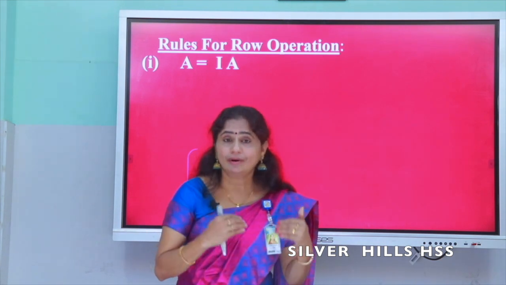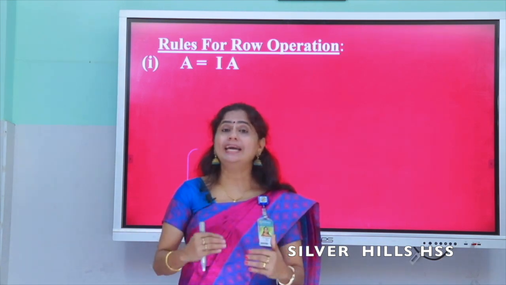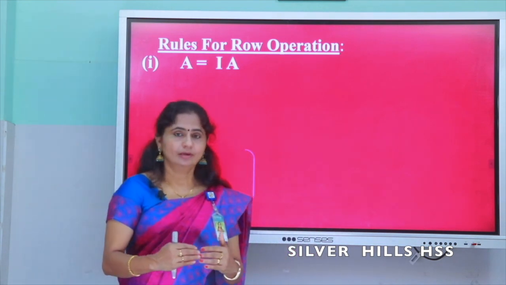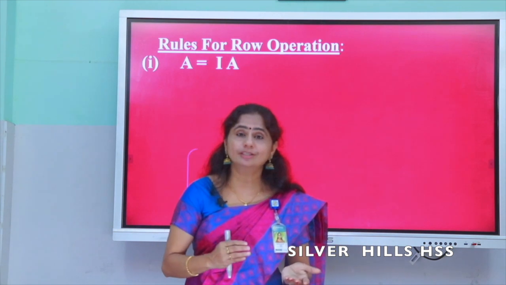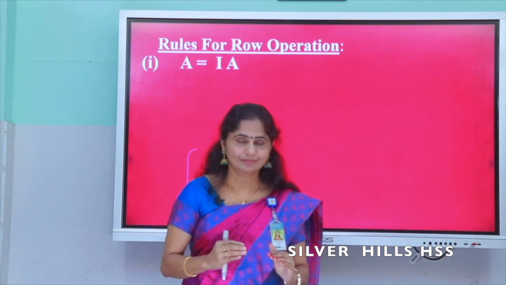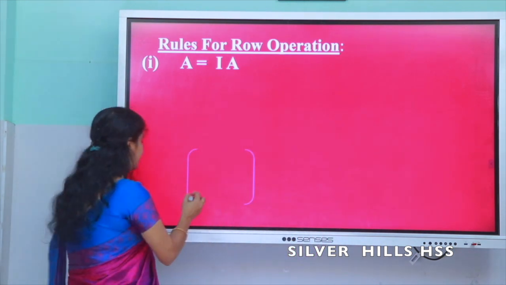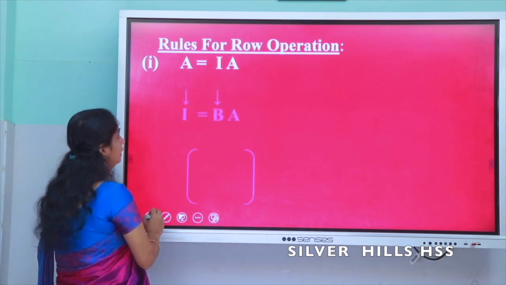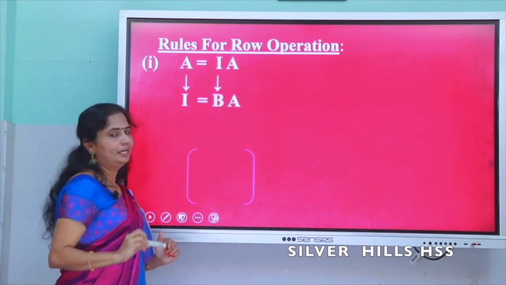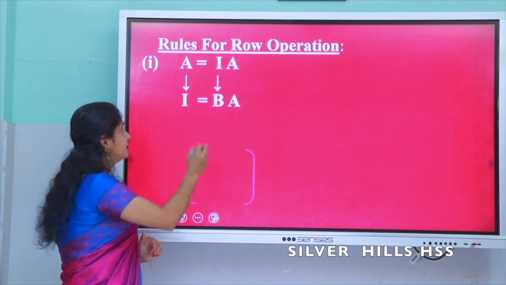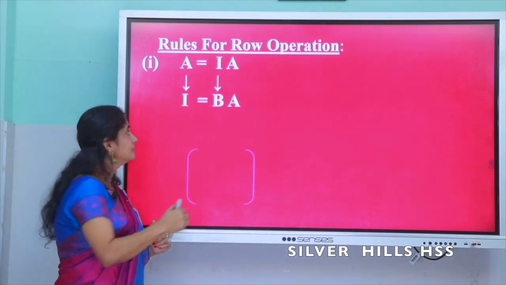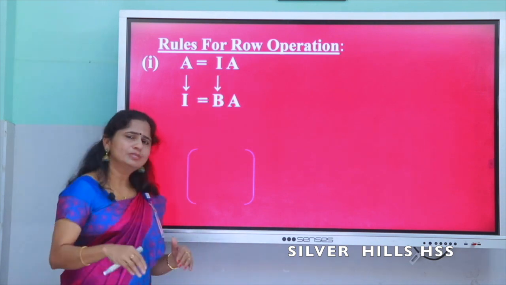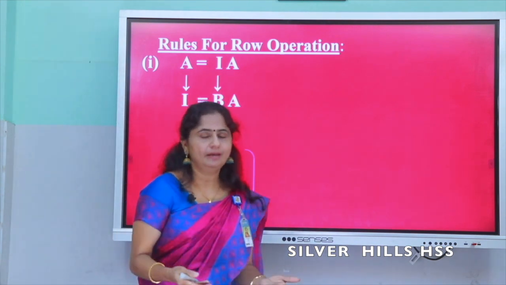So we are writing A is equal to I into A, and throughout we are going to apply the row operations on both sides till we get I is equal to B into A. That is, this matrix A is reduced to the identity matrix and I is brought to some other matrix, say B.